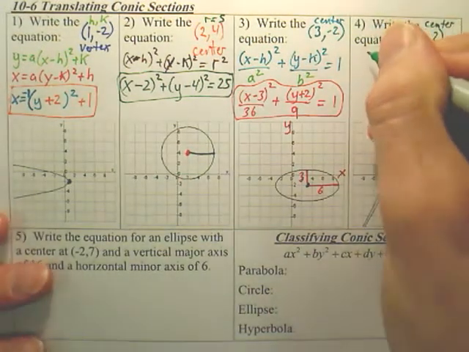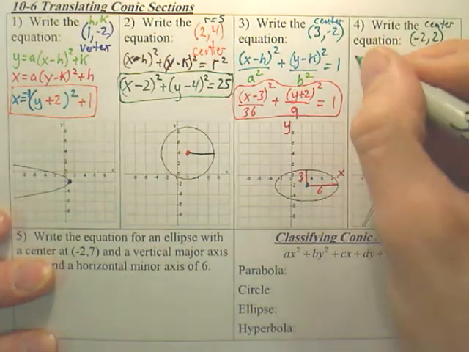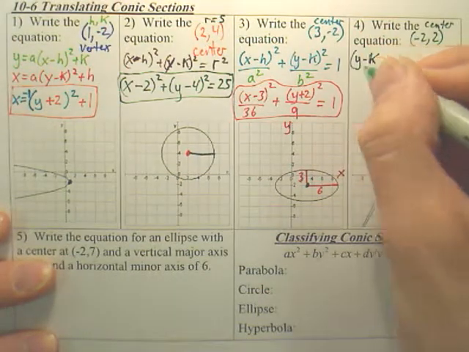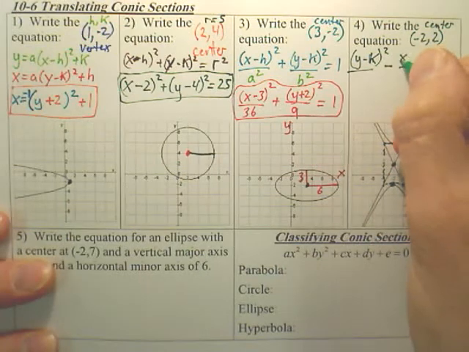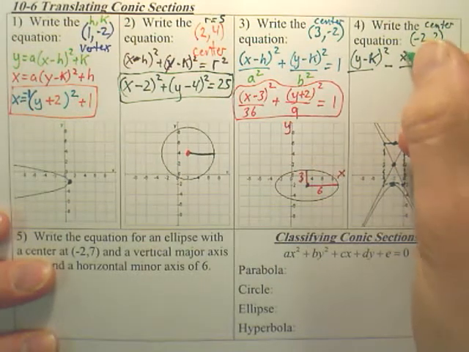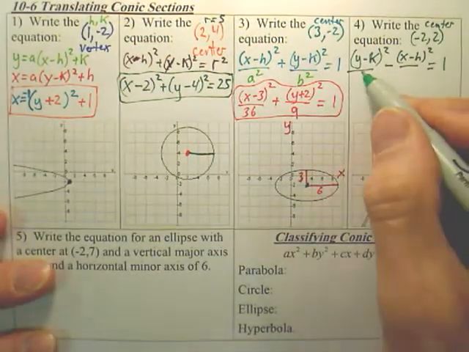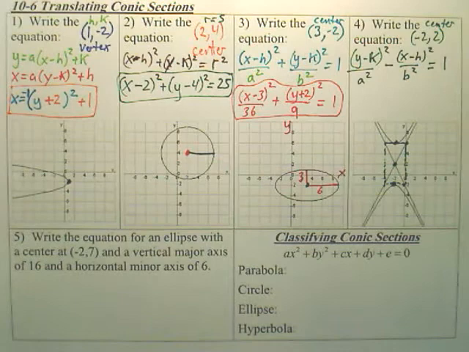Now the equation for the hyperbola, in this particular problem, because it's opening up and down, the y is first. So it's (y - k)^2 minus (x - h)^2 equals 1, remember k always goes with y. In this situation, a^2 is always first, b^2 is always second.